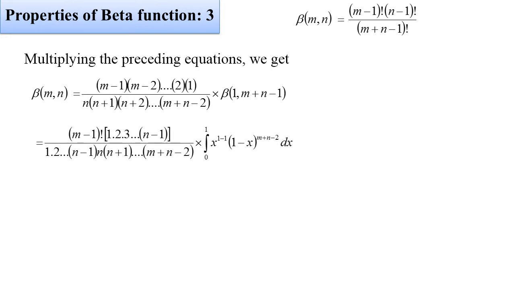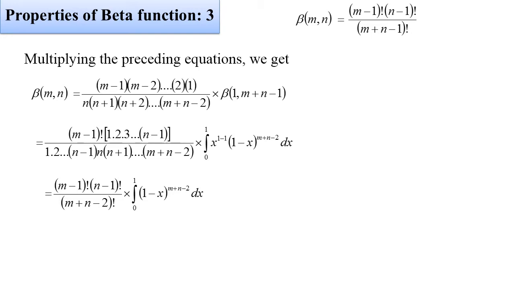Now we multiply in the numerator and denominator by 1 into 2 into 3 up to n-1, and the second part we define according to the definition of the beta function. So what we get finally, (m-1)! (n-1)! upon (m+n-2)! into the integration from 0 to 1 of (1-x)^(m+n-2) dx.